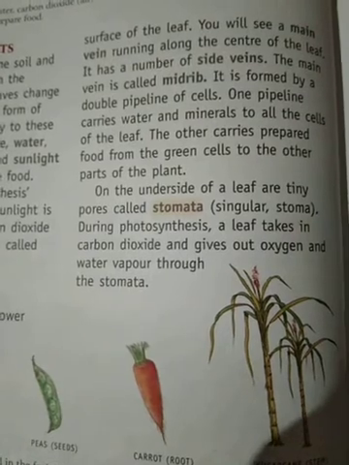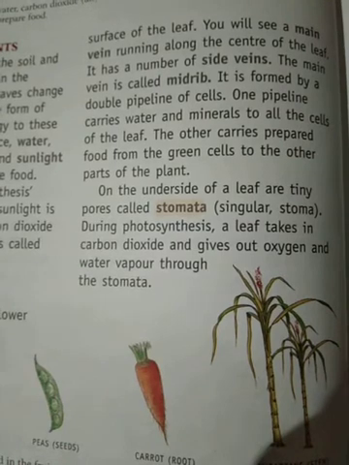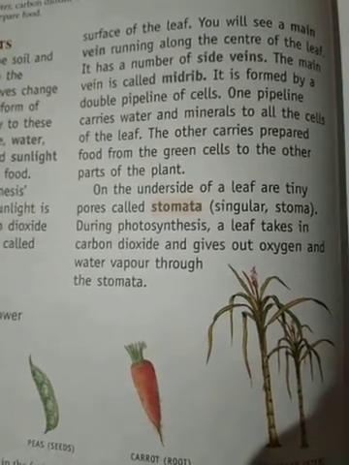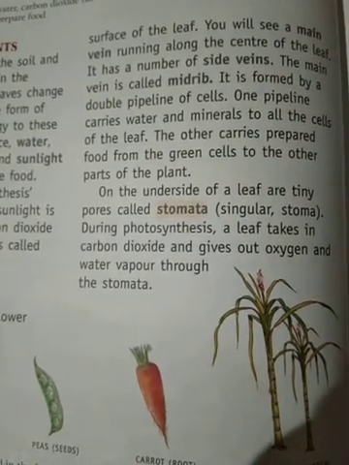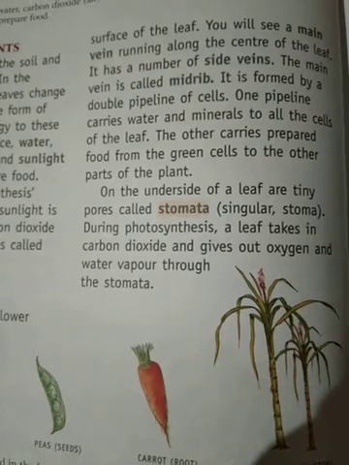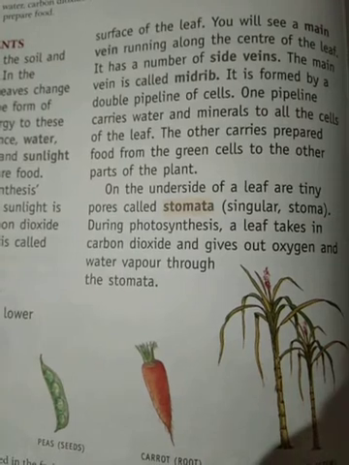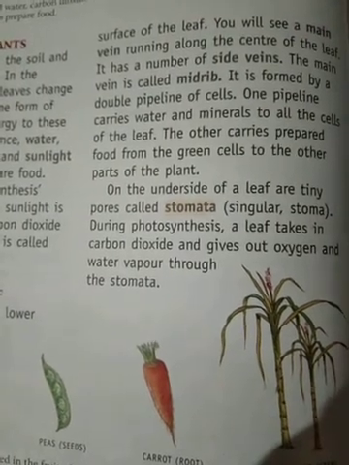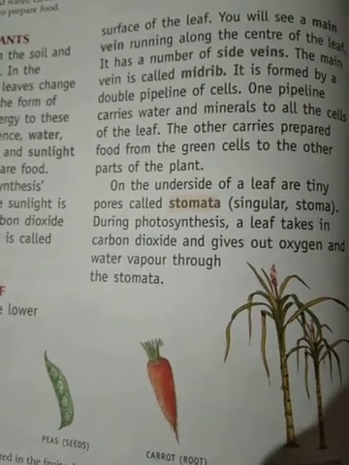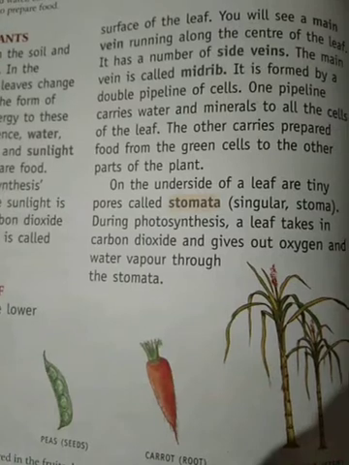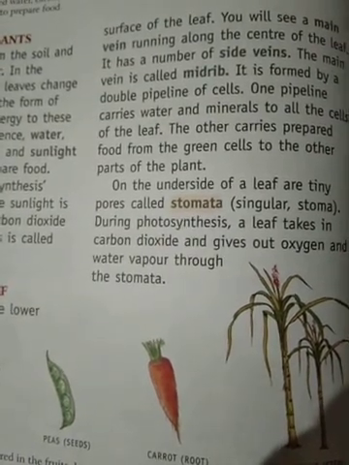During the process called photosynthesis, that is the process of preparing food by the plant, a gas called oxygen is released, and the excess amount of water that has been absorbed from the roots and reached the leaf is also released through these pores called stomata in the form of water vapor.